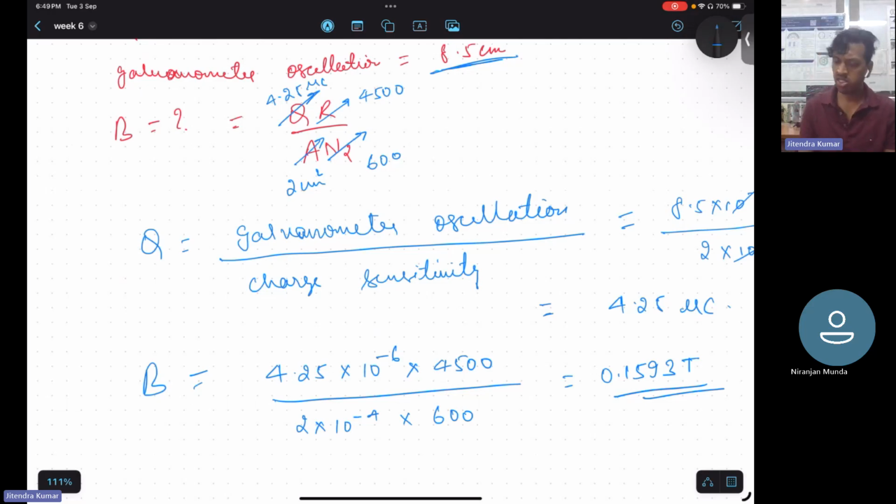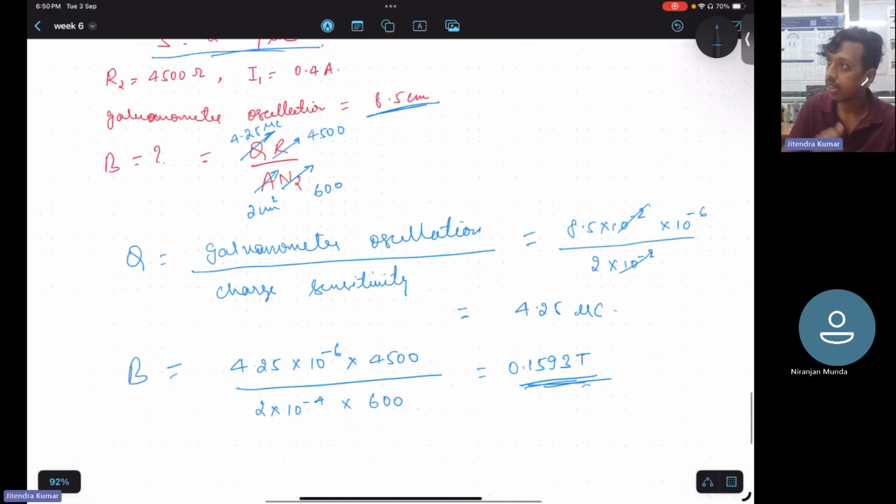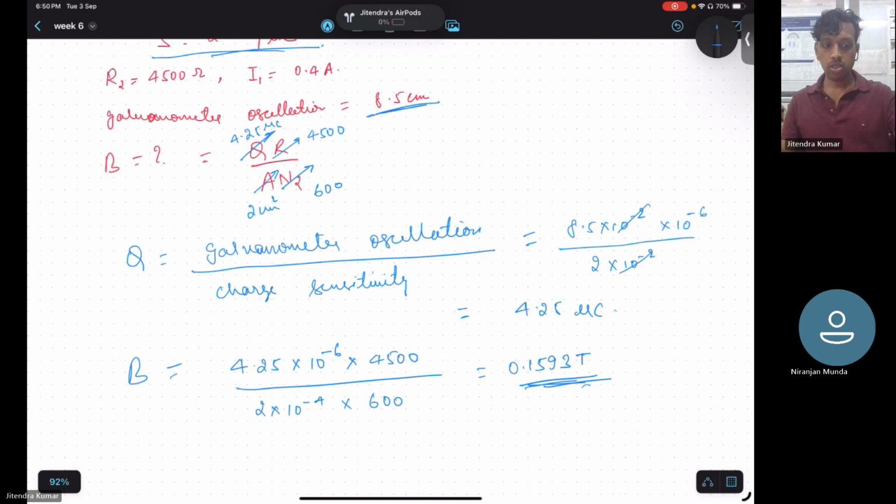So this much magnetic flux density will be there in the core of this ballistic galvanometer, right? Any doubt in this part, Niranjan? No, no, sir. Great.